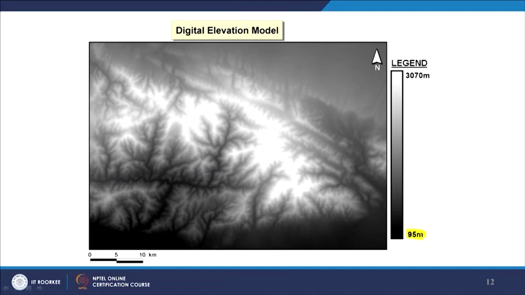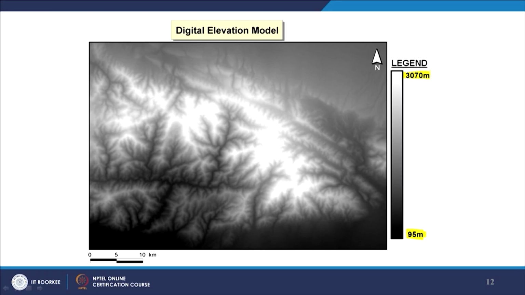This is again a very typical example of a digital elevation model being displayed in grayscale, and the elevation ranges between 70 meter and 95 meter. This is how people prefer to display it: higher elevation values are always given a lighter color or lighter tone as compared to the darker one.